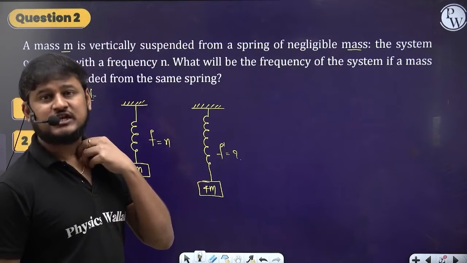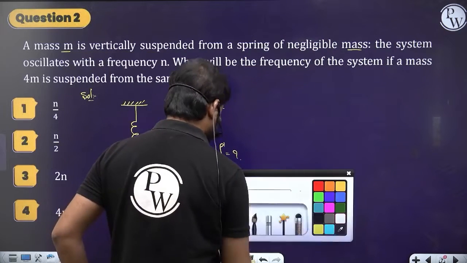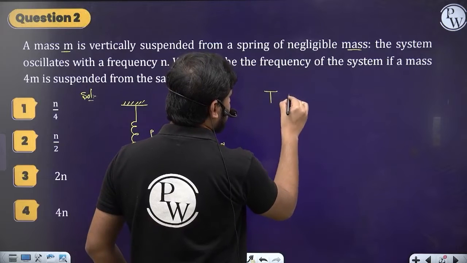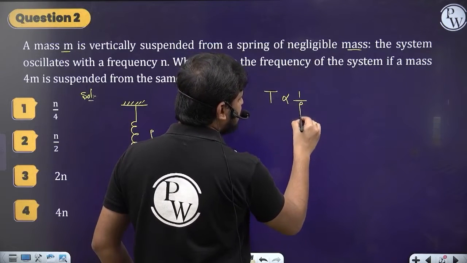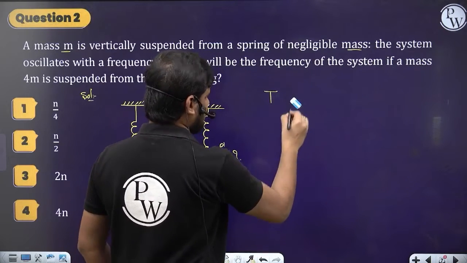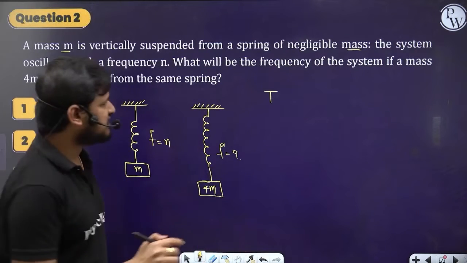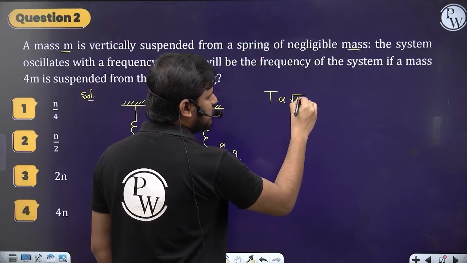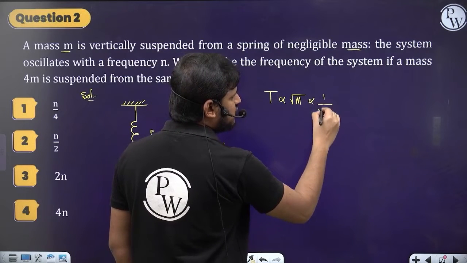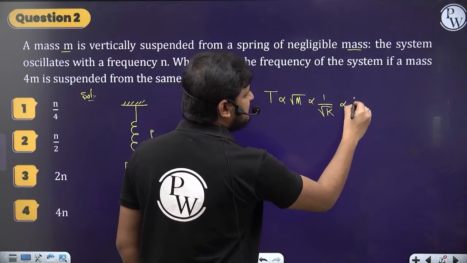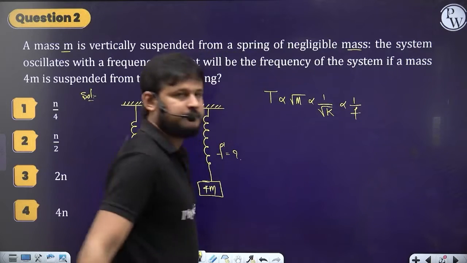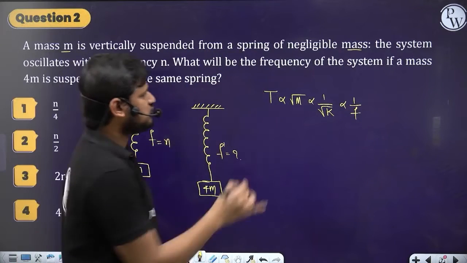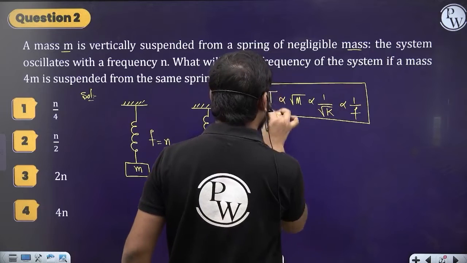And then the time period is inversely proportional to f. Let's write it this way. You remember this relation so that you can solve the questions easily. So the time period is directly proportional to root m, inversely proportional to root k, and inversely proportional to f. Okay, so from this any question can be solved, guys.